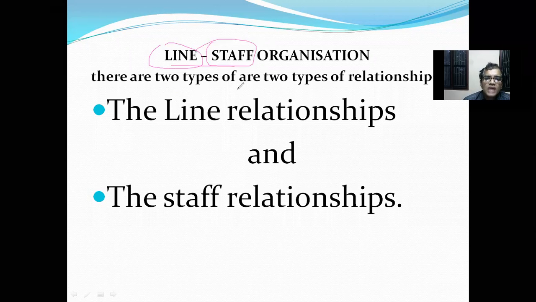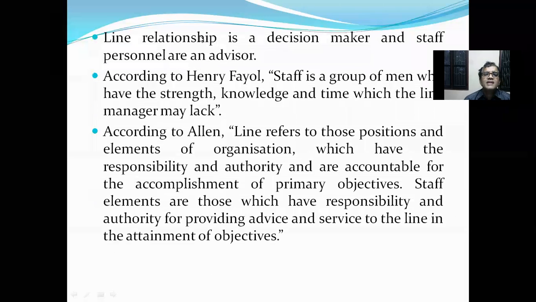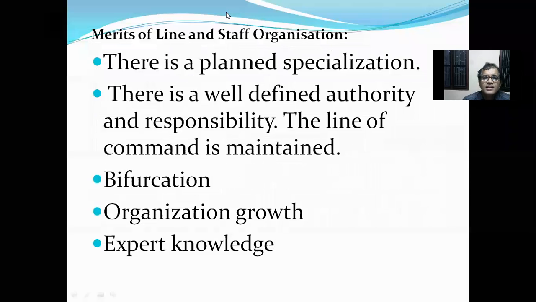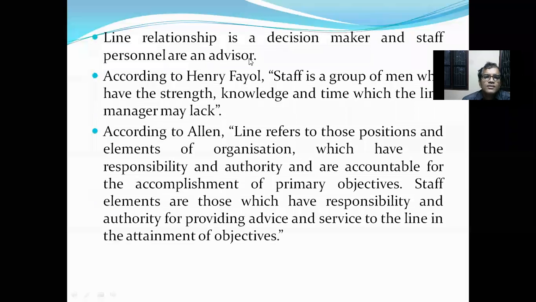So there are two types of relationships in line staff organization: one is line relationship and the other is staff relationship. Line relationship is the decision maker in the organization. Line officials decide what to do and what not to do, and staff personnel act as advisors to line managers.